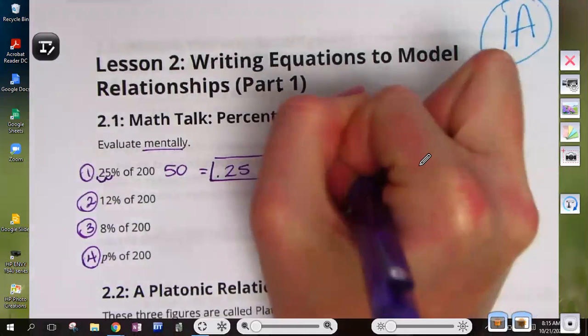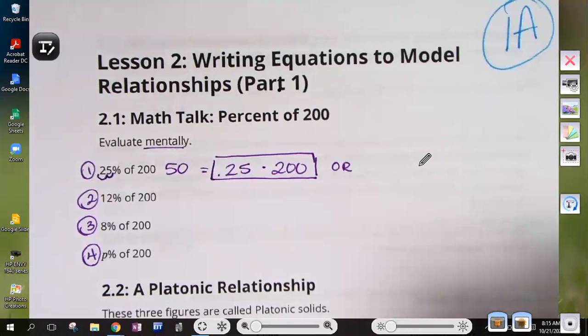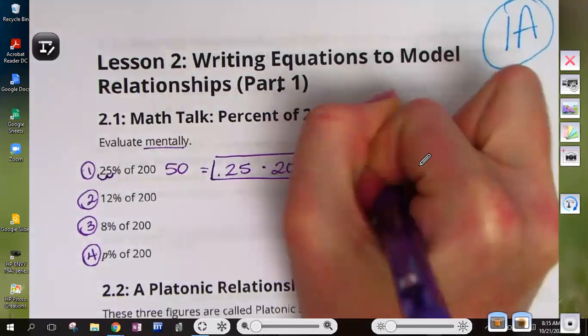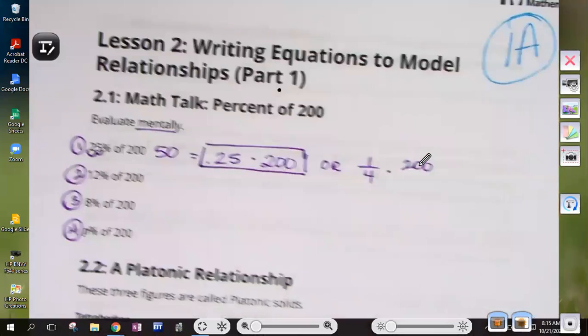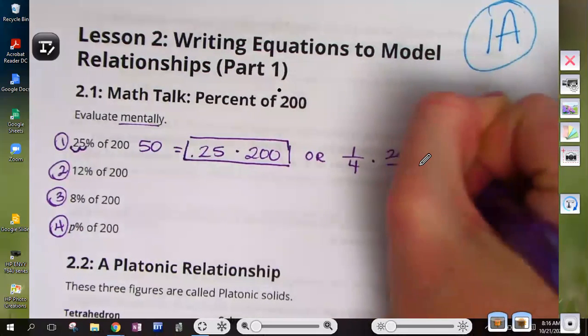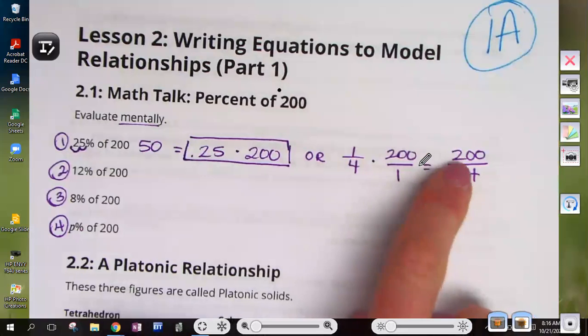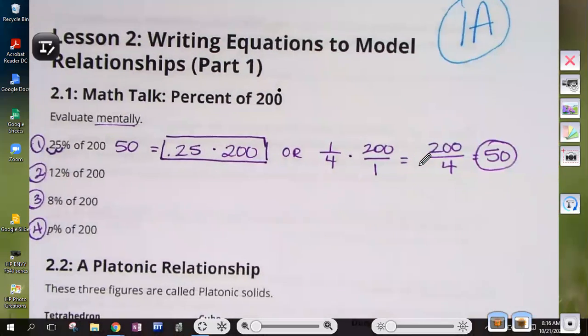Good. So he knew that 25% was 1/4 of 200. If it's a whole number, it's over 1, which becomes 200 over 4, which is 200 divided by 4, which is 50. Good.